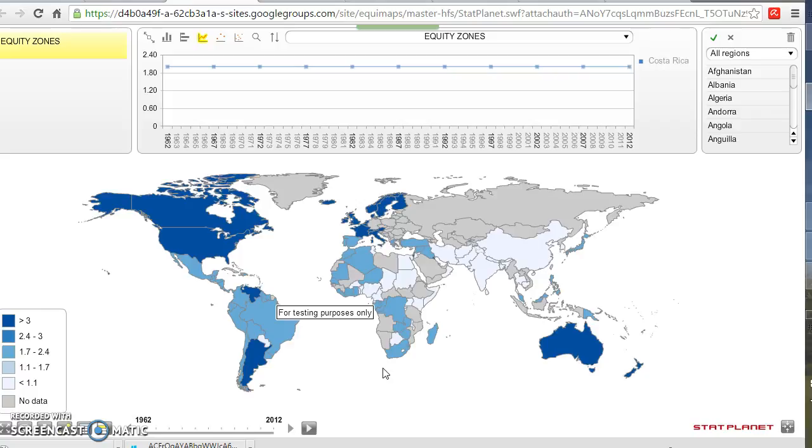The third category is called the surplus zone, and those are countries whose GDP per capita is above that upper threshold, but below what we call the lower limit of the fourth category, the excess accumulation zone.